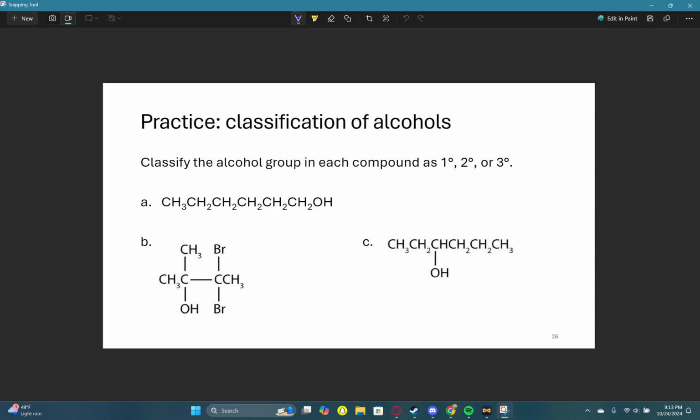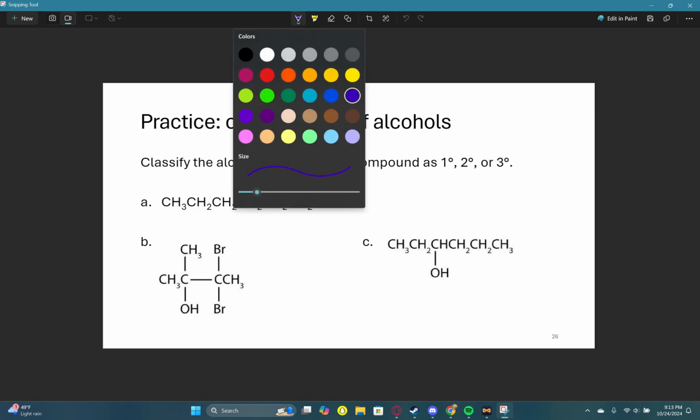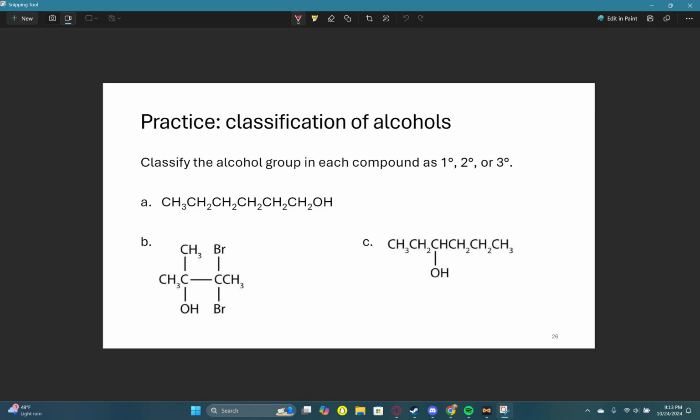So in letter A, I can see that the alcohol group is at the end of this structure, this compound. And I can also see that it's only bonded to 1 other carbon right here, making letter A a primary alcohol group.